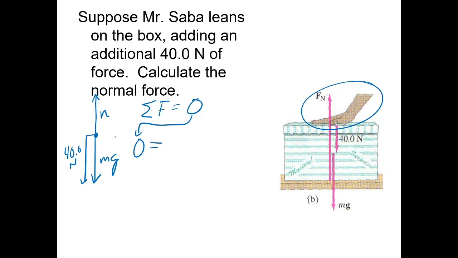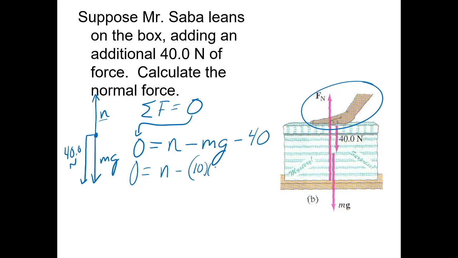Now I come over to the free body. Normal is going upward in the positive y-axis. mg is going downward. And so is that 40 newtons from Mr. Saba. So now it says, well, what's the normal force? Well, usually I like to rearrange it, but let's just put the numbers in right now.